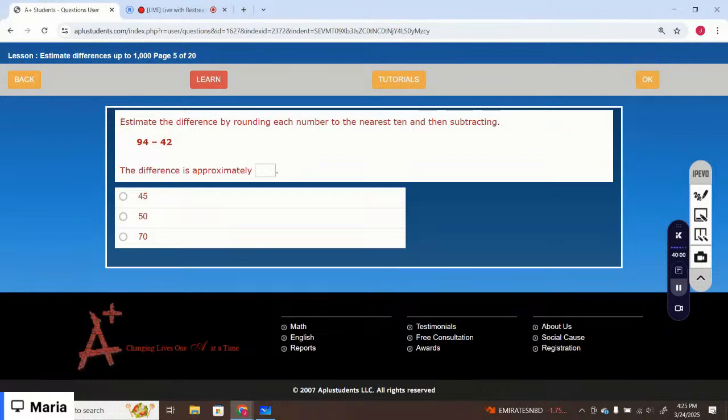So which is the correct option? 94 is rounded to 90. Very good. That is 50. Option number 2 is the correct option.